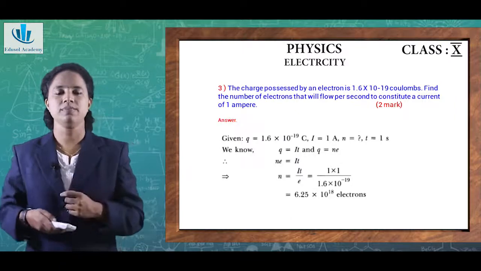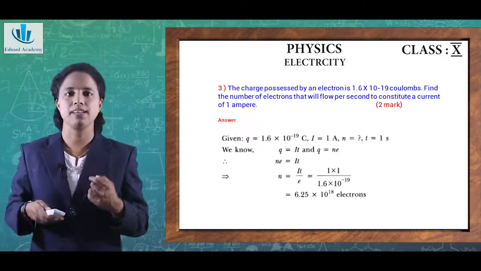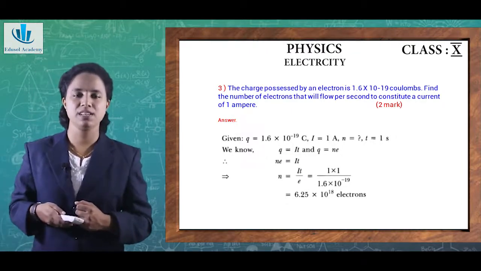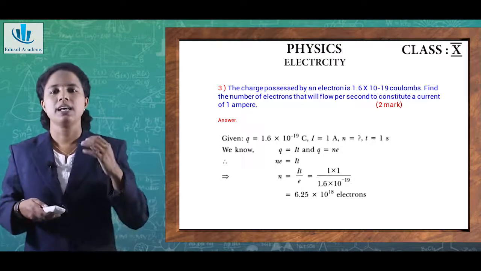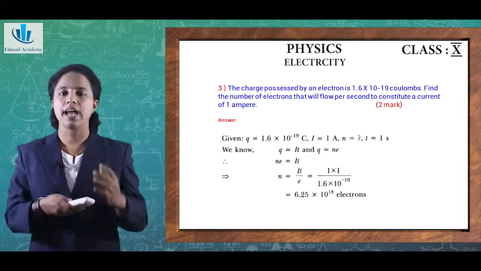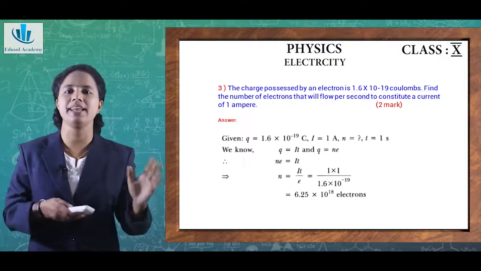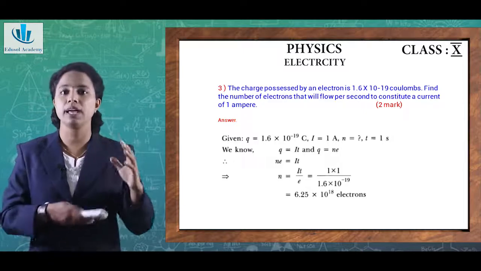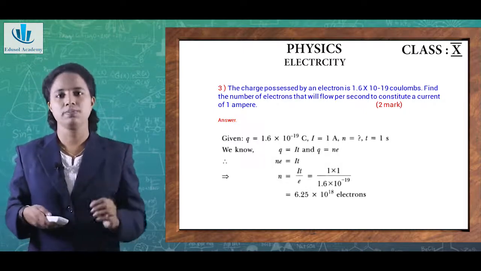So the next question, the charge possessed by an electron is 1.6 into 10 raised to minus 19 coulomb. Find the number of electrons that will flow per second to constitute a current of 1 ampere. We know the equation connecting the charge, the number of electrons and the electronic charge is Q equals N into E. We are already given that the charge possessed by an electron is 1.6 into 10 raised to minus 19 coulomb.